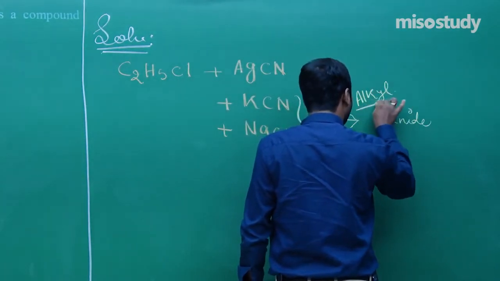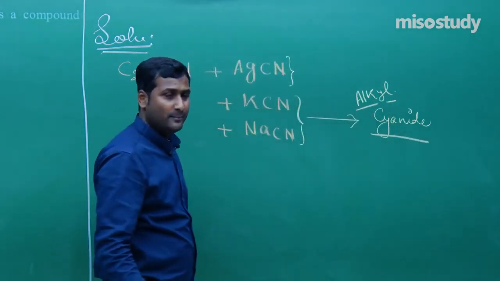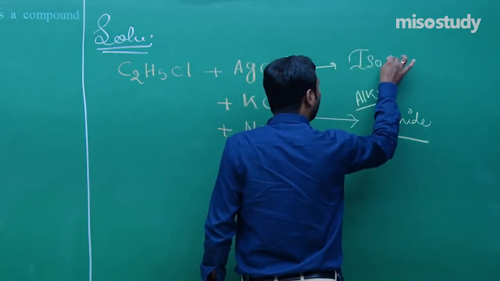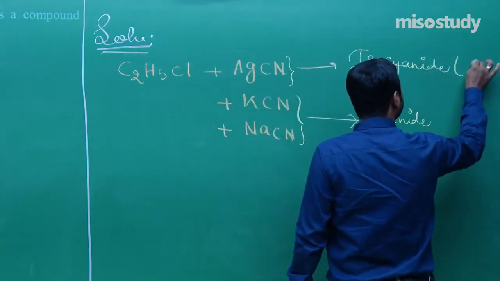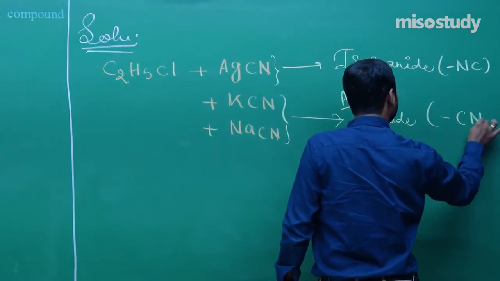Remember this. But if there is AgCN, there is a formation of isocyanide, that is NC, and here is CN.